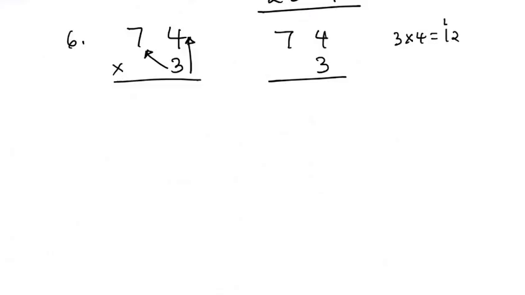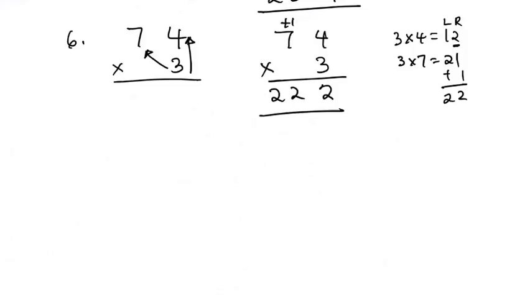That gives us 12. So what number do we write down? We write 2 and carry 1. Then we'll say 3 times 7 equals 21 plus that one that we carried, and that becomes 22. That's how we ended up having 22.